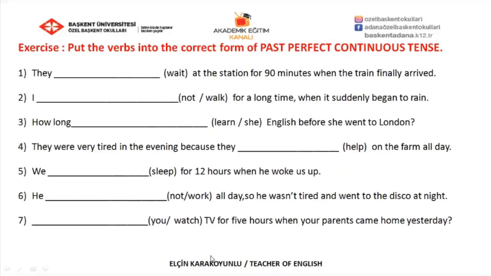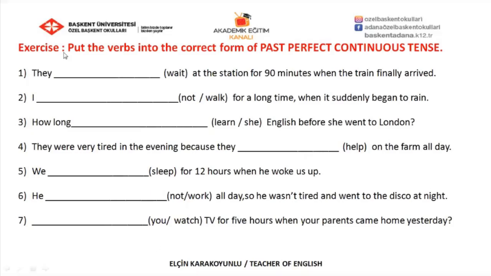There's another exercise here for you. This time, please put the verbs into the correct form of past perfect continuous tense. This time, you have to decide on the form of the sentences: positive, negative, or question form. Yes, the first one.